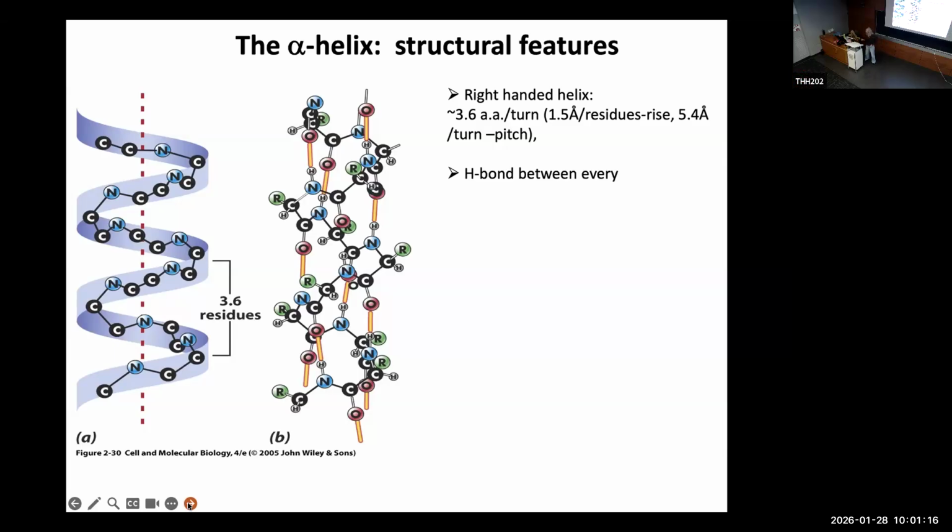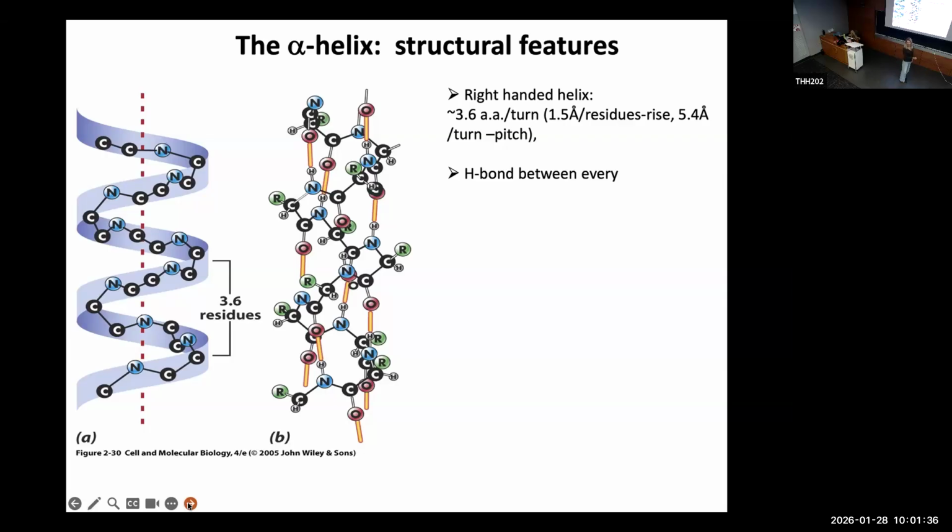The first one we'll look at is alpha helices, and these are held together by hydrogen bonding. In an alpha helix in proteins, a turn occupies about 3.6 amino acids.